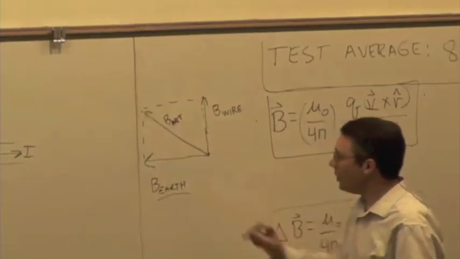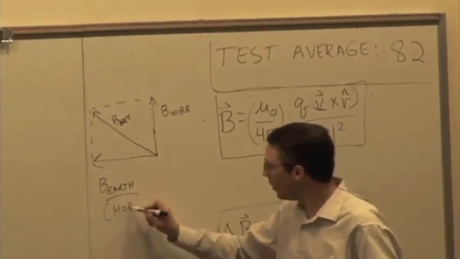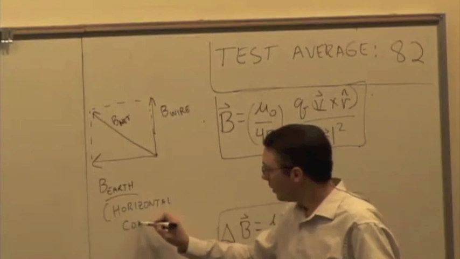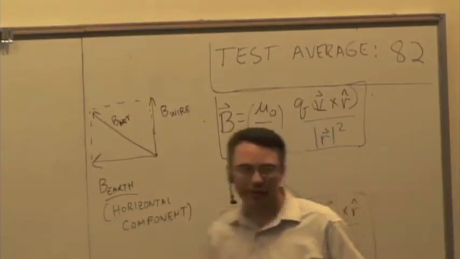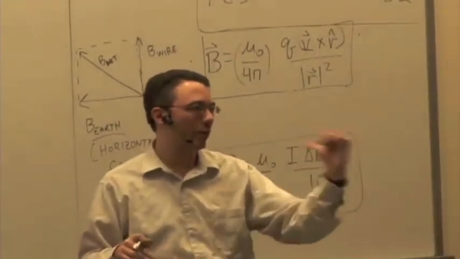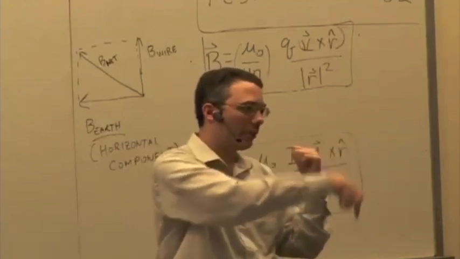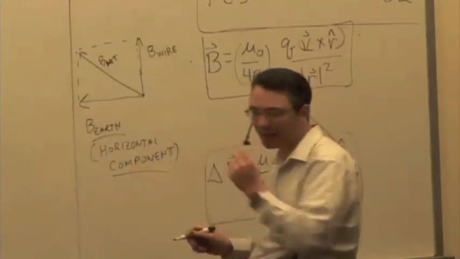Now this magnetic field due to the Earth is really the horizontal component. What that means is if you were to actually measure the magnetic field due to the Earth at some location here, there'd be a component pointing north. There'd also be a vertical component. There's a fairly sizable component pointing down in towards the Earth. So we're really just looking at the horizontal component here.